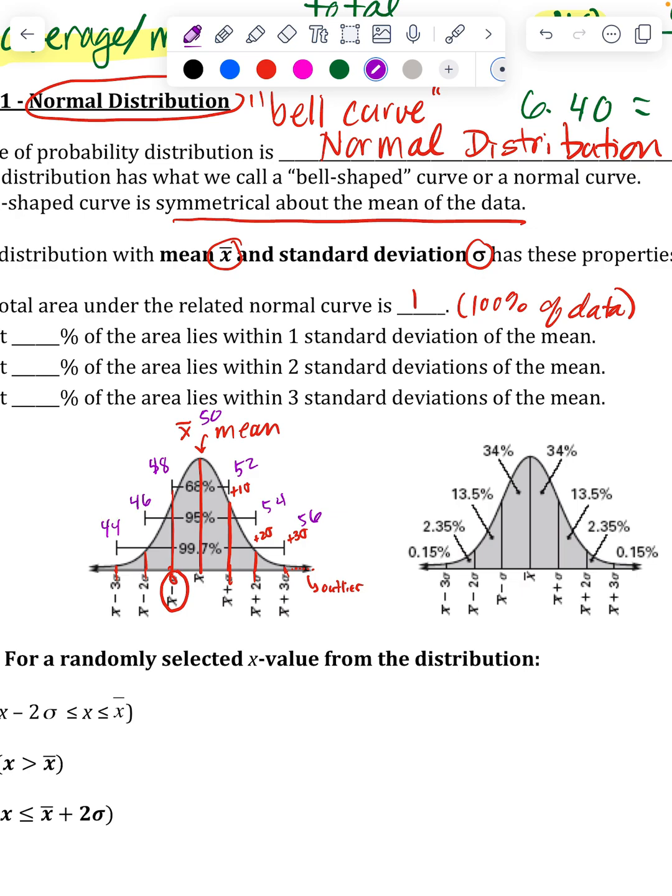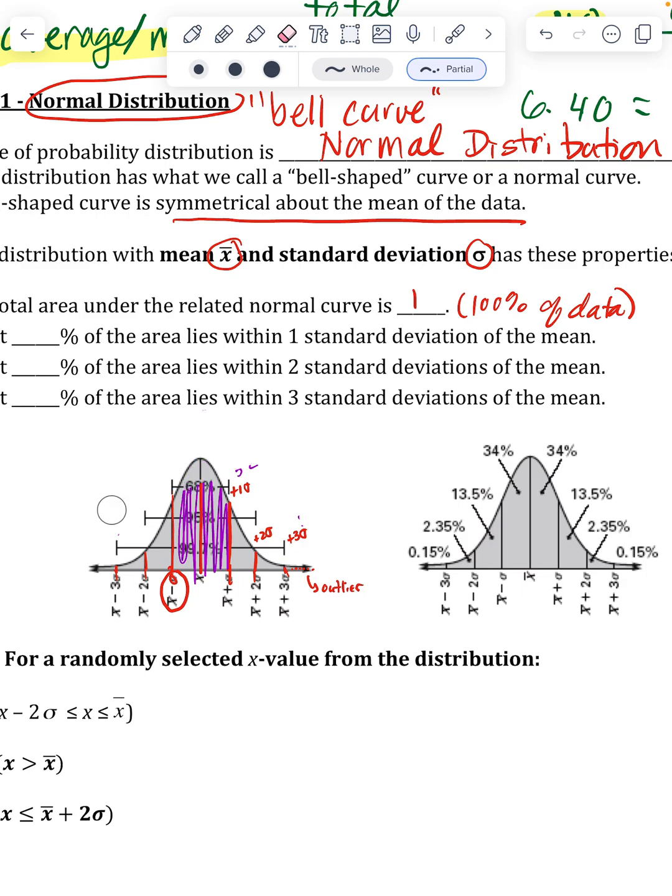So it's showing that all of your data would end up between 44 and 56 if it's normally distributed. And most of your data would be up here at the top of the hill because it's got the most stuff under it. The majority of my data is in that space between 1 standard deviation below and 1 standard deviation above the mean.